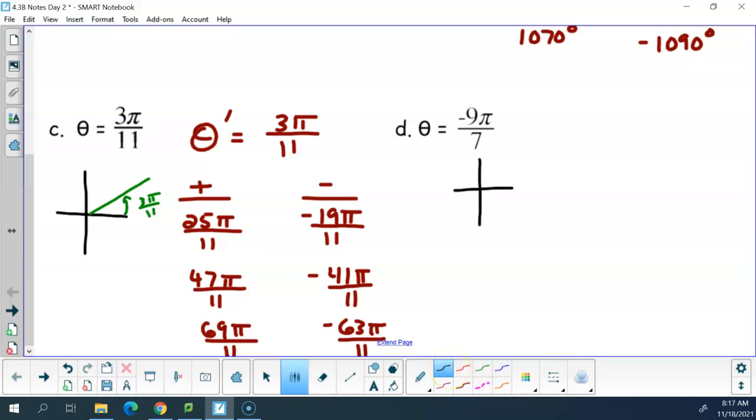Negative 9 pi over 7. Where? Quadrant 2. Yep. So what is my reference angle then?